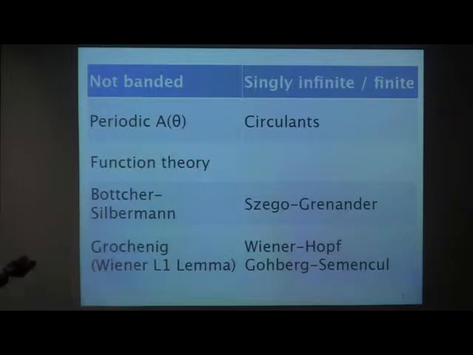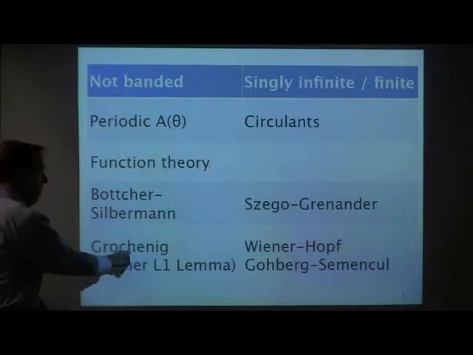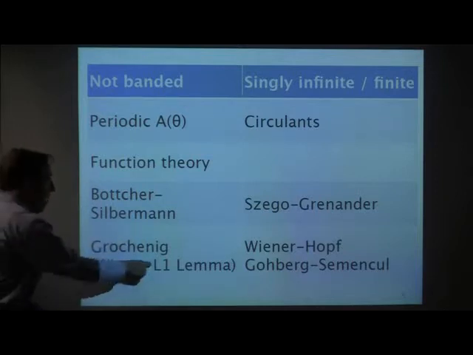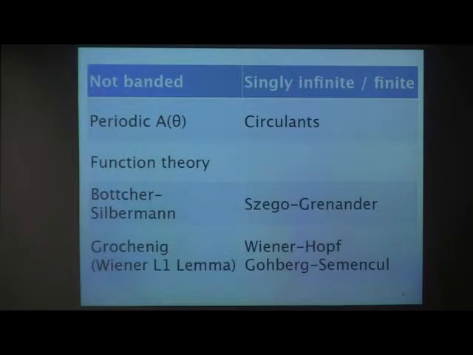I see, happily, Wiener came in here twice. I didn't realize that, actually. I mean, I was just writing down important facts, and I guess not surprisingly. I don't know if you know Grothendieck's book on all these things. I noticed it on the table outside. It's extremely good. Right. And there are some lecture notes on Wiener's L1 lemma.